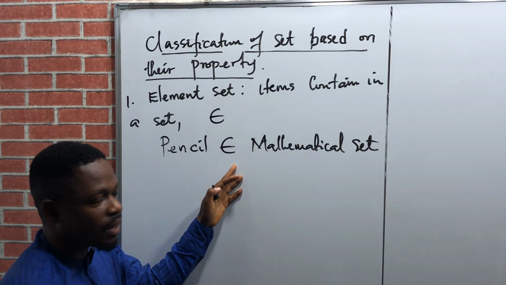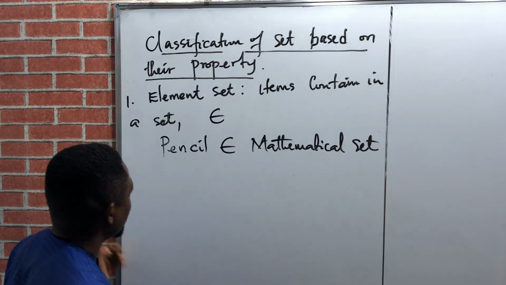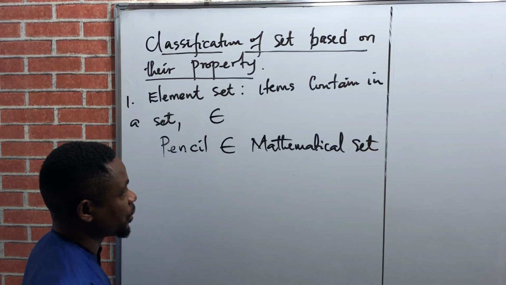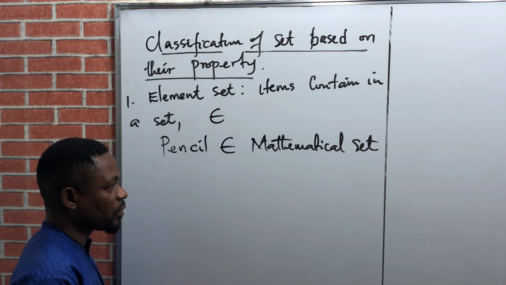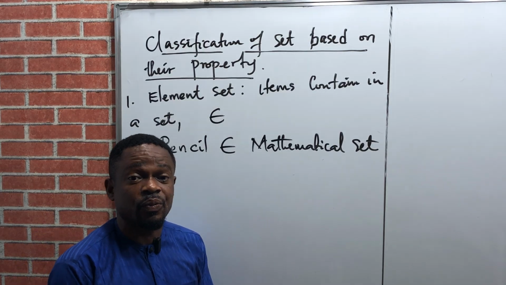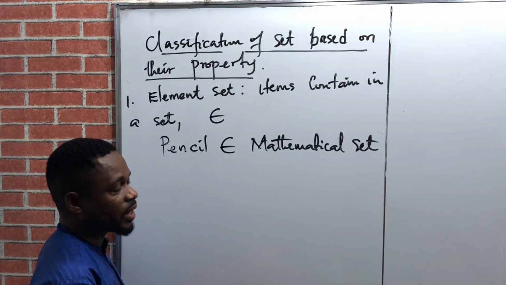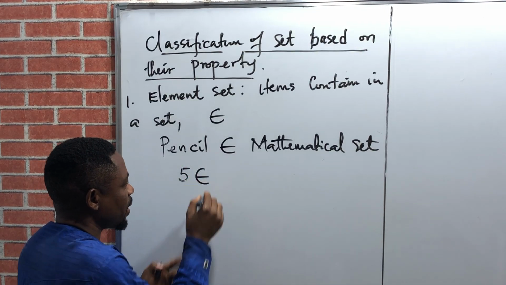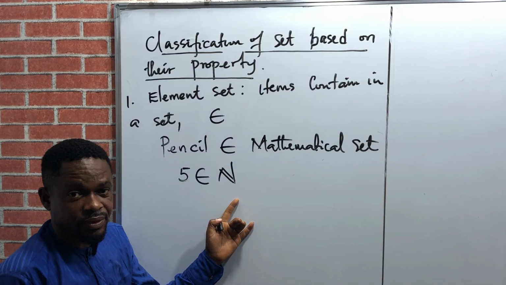Let me say again, when you are considering natural numbers, we said before that the natural numbers are the set of positive whole numbers. So an example of a natural number is 5. Then I will write 5 is a member, or an element, of the natural numbers. Can you see it now?